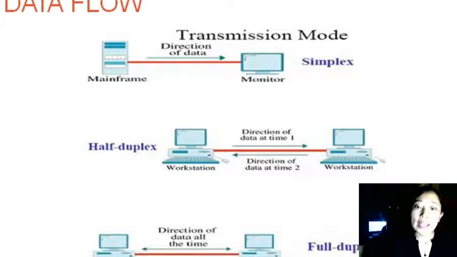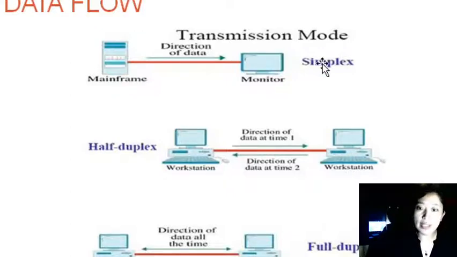Okay, so between two devices, if the direction of communication is only in one direction, that is, if it is possible to send data from one device to another device only, not from the other device back to the first one, then it is called simplex communication. You can see here we have this device which is sending some data to this device, but it is not capable of sending the data to this one. So this type of communication is simplex.